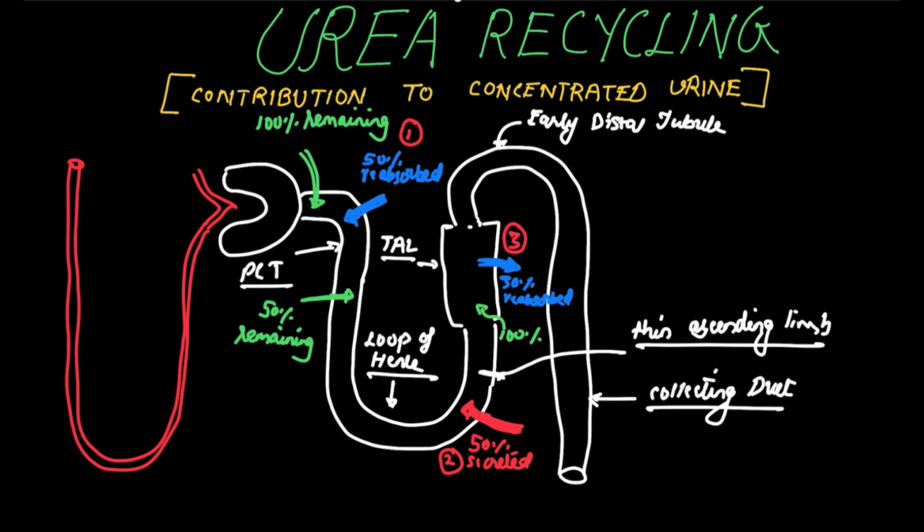When it passes through the early distal tubule and late distal tubule and enters into the collecting duct, 70% of the urea remains. There's a large amount of urea, and this enables the recycling. 70% of the urea remains, which enables the recycling.